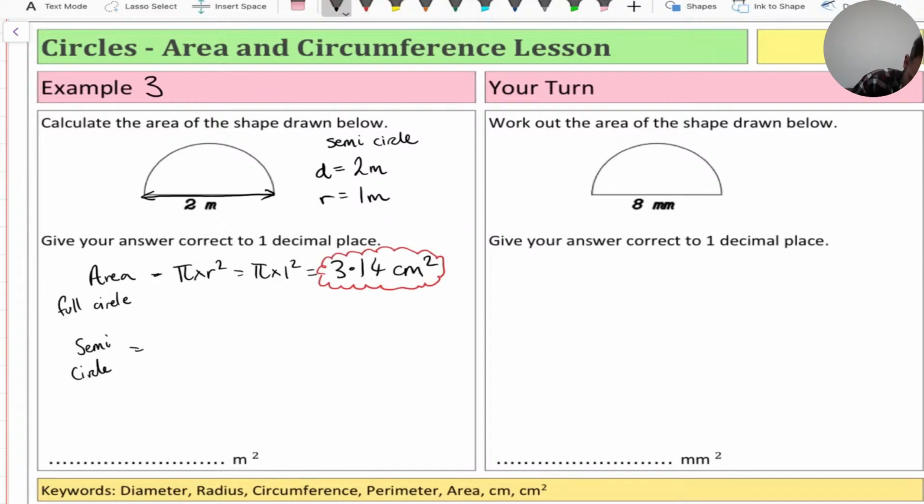And the semicircle is going to be half of that. So it's going to be equal to 3.14 divided by 2. Let's write that down. 3.14 divided by 2, which is equal to 1.57 centimeters squared.